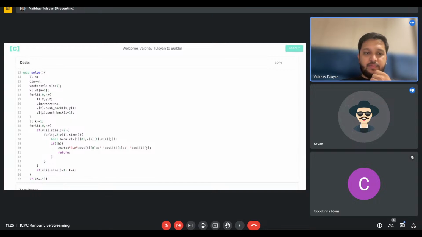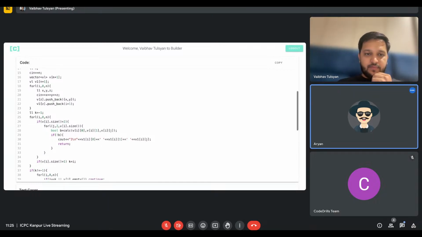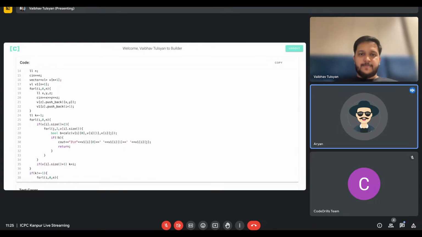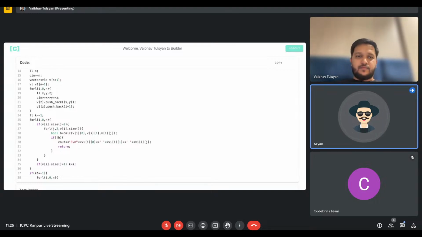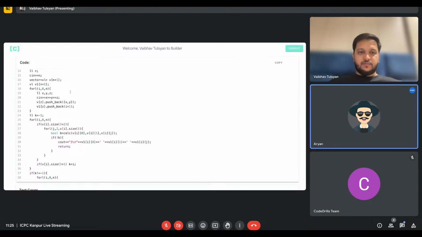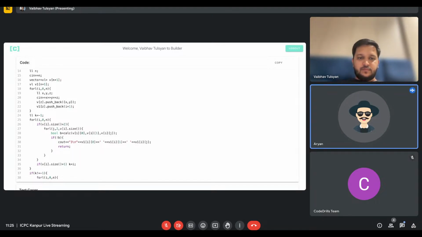What they are doing is first creating a hash map kind of thing where, for example, they have 3 points of value 2, then they are putting all of them together. Let's say a particular color 5 has 10 points, then what they are checking is whether the first point, second point, and the fifth point are collinear. If they are not, print it and return.